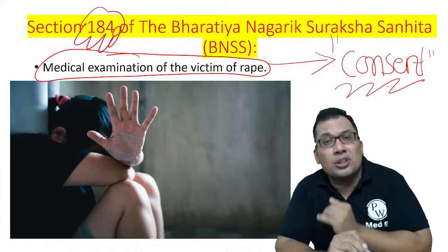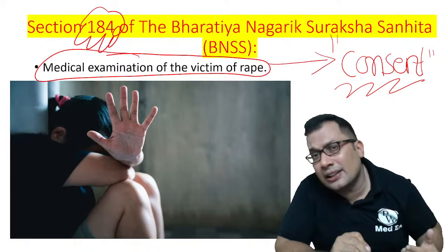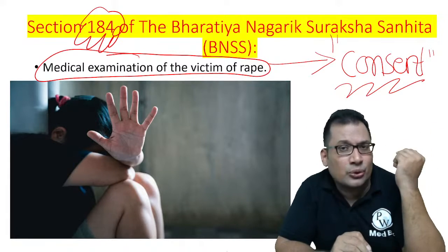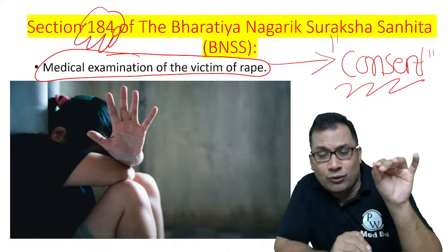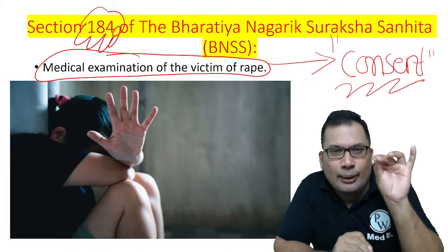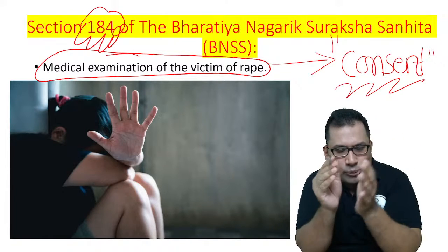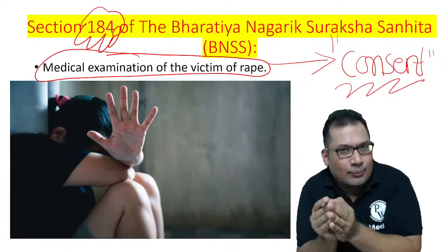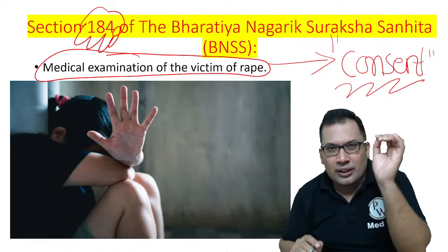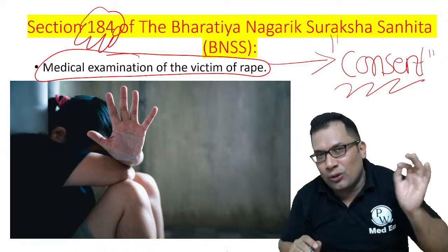But in case of an accused of rape, you can examine even without consent, even with reasonable force. That is 53A we used to study. Now 184 is medical examination of victim of rape. Most of the content of the section is the same, only the numbering is different. So instead of 164, now it is 184.